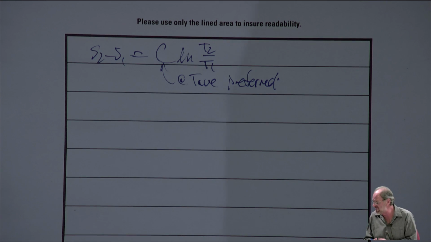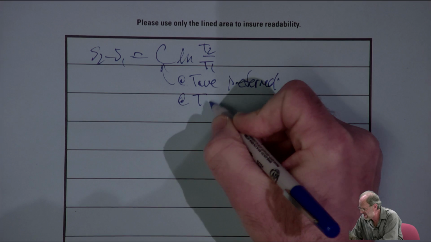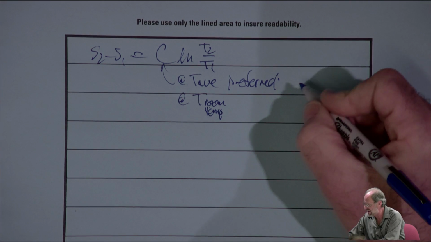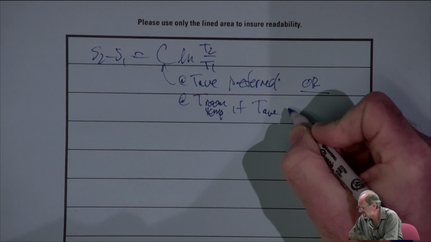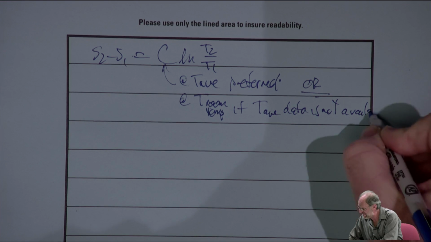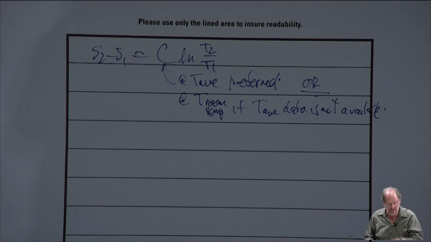So for many, many problems, in fact, I'd even go so far as to say for most problems, you're just going to have to use the room temperature data that's presented in that table, again, Table A3. So we find C at the average temperature, that's preferred, or we can find it at the room temperature. This is OK, but that's only if the T average data is not available. This is the same thing that I mentioned several weeks ago when we were talking about internal energies and enthalpies and the first law.